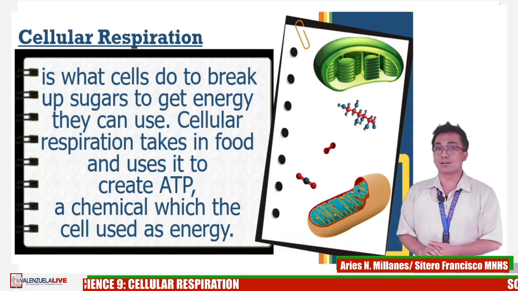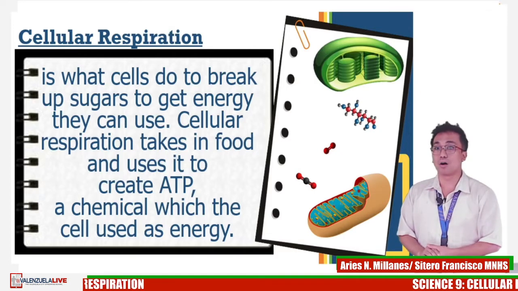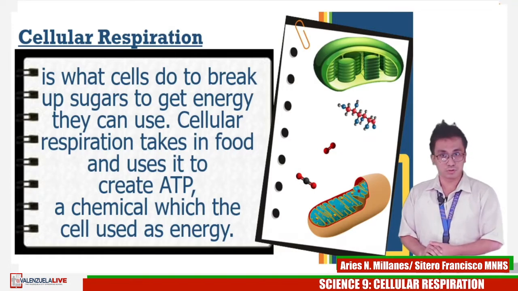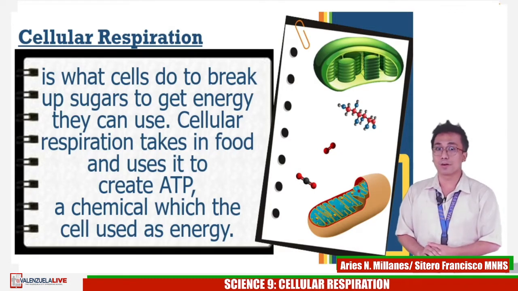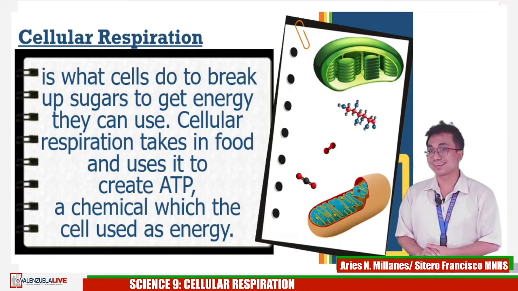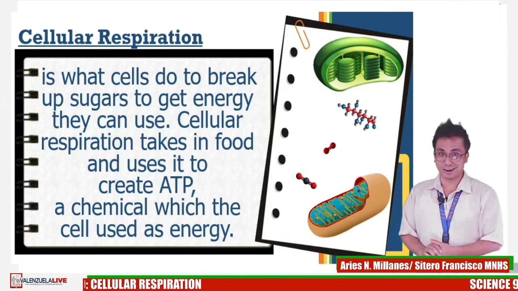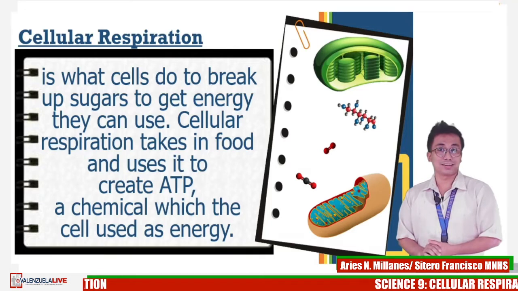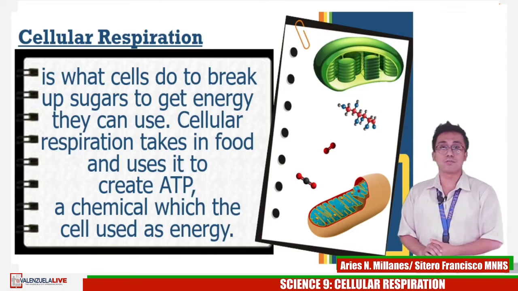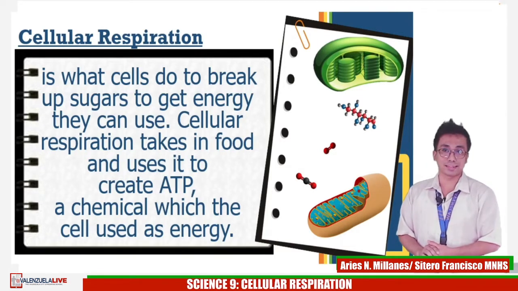Also, cellular respiration is what the cell does to break down sugars from the food we eat. Yes, you heard it right. Sugar. It's because most of what we eat contains sugar.